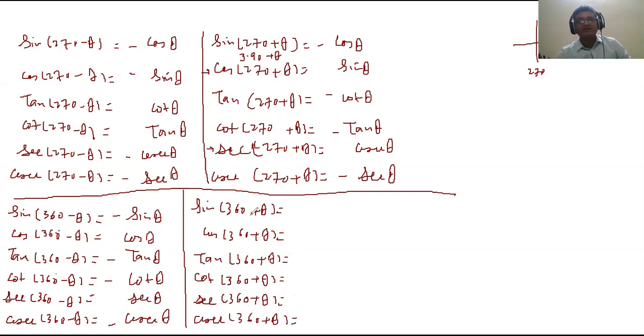Now you see it is coming out to be in the first quadrant. Since it is an even multiple of 90 degrees, it will remain sine theta. This is cos theta. This will remain tan theta. This will remain cot theta. This will remain sec theta, and this will remain cosec theta. Since it is in the first quadrant, all the signs will be positive.